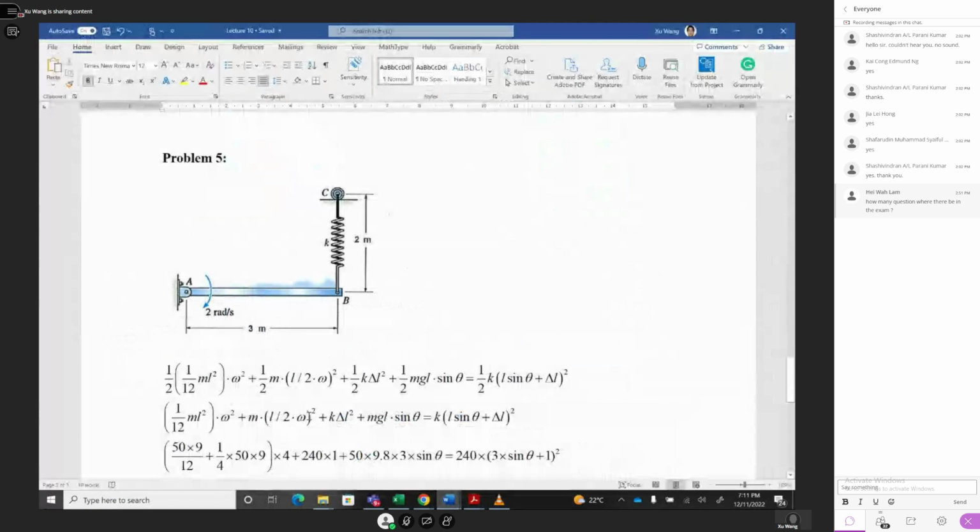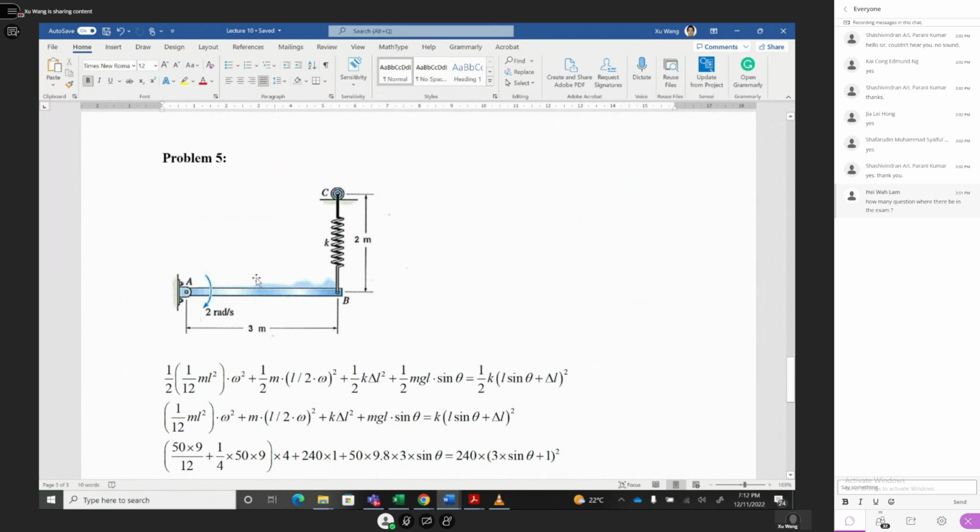So we come here. You have the first position. This is the bar. You look at the whole bar along the center of gravity, rotation inertia. Okay, this one is half of I, which is 1/12 m l square, times omega square for the whole bar along the center of gravity. Omega is 2, right?